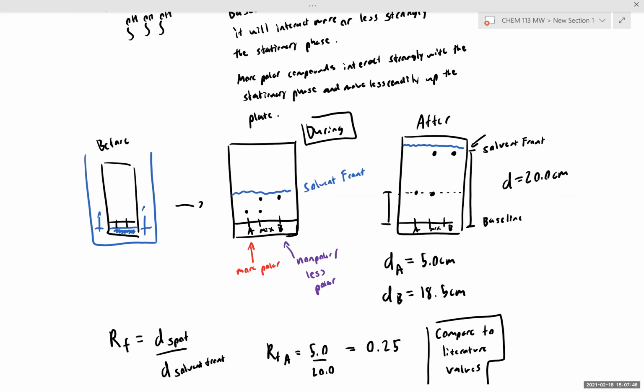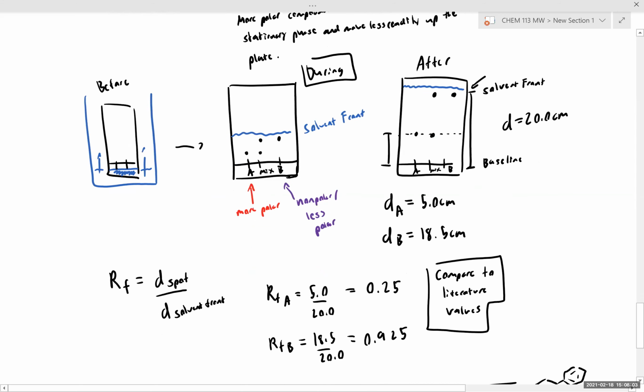One way of logging the distance a spot moves up the plate, and how readily compounds progress up the plate in different solvent systems, is using the RF value, known as the retention factor. The retention factor is calculated first by measuring the baseline and the solvent front and marking those.